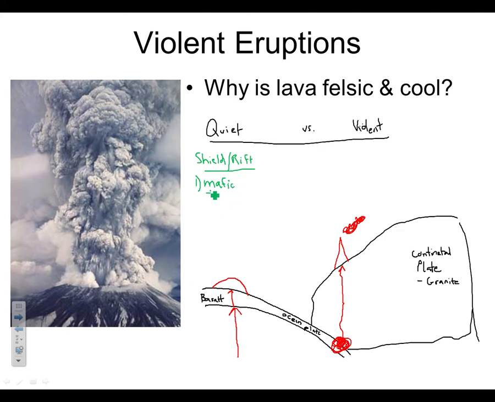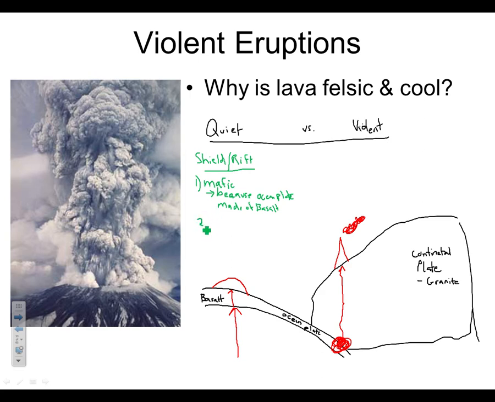Why? Because the ocean plate is made of basalt. So as the lava from the hotspot here is working its way up, it's going through basalt.